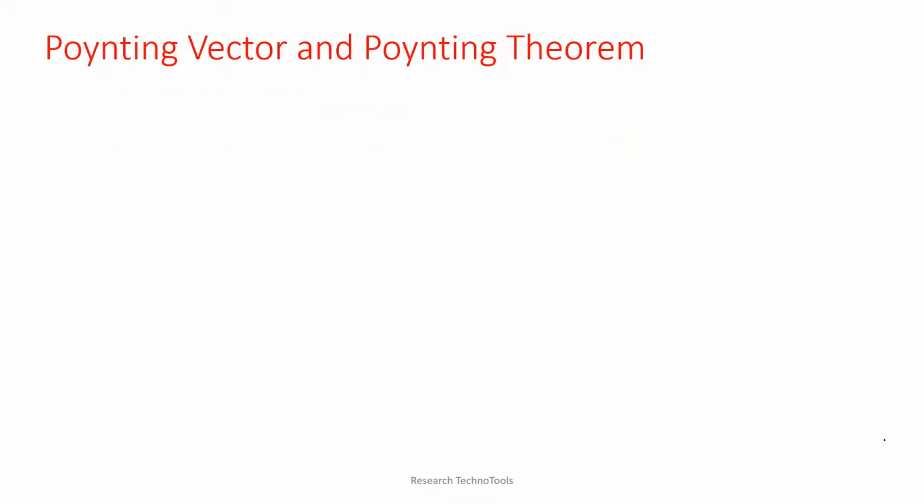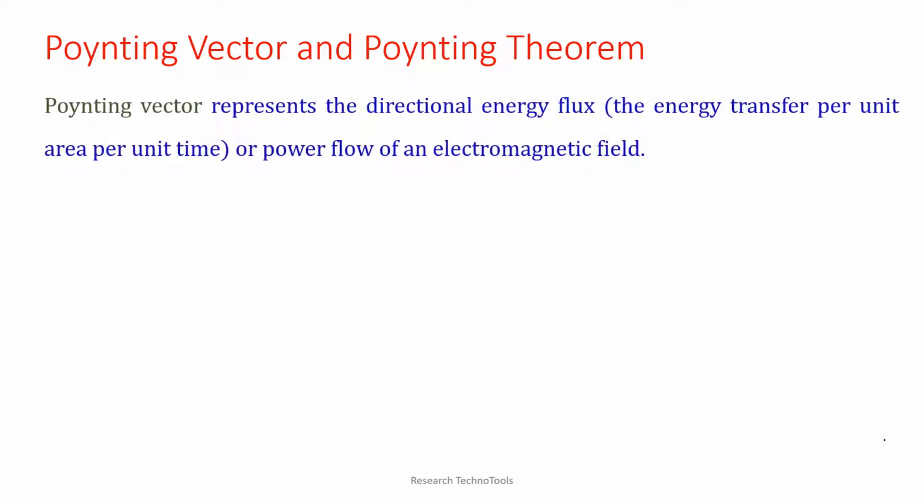So let us discuss the definition of the Poynting vector, then we will derive the integral form of the Poynting theorem. The Poynting vector represents the directional energy flux, that is the energy transfer per unit area per unit time, or you can say the power flow of an electromagnetic field.